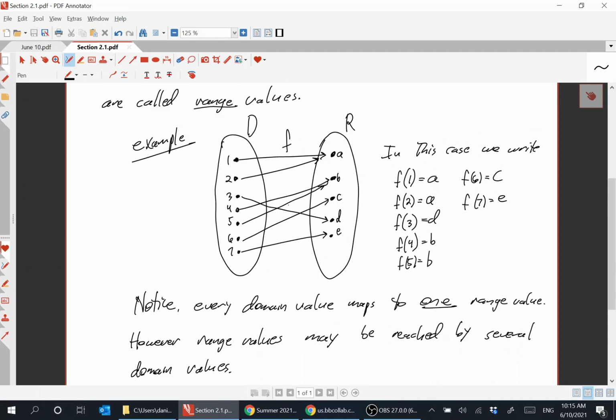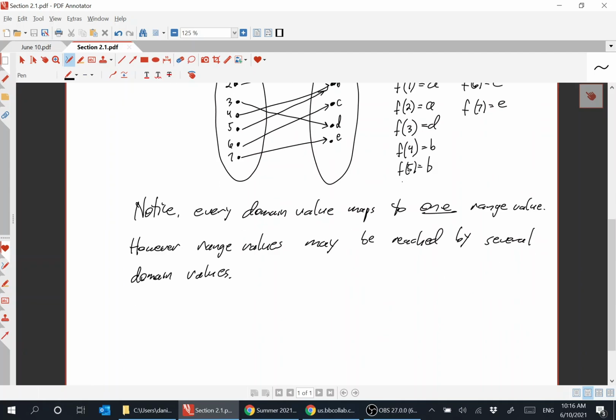Now, most of the time we define functions, again, we don't use this kind of bubbles and arrows diagram. This sort of presentation of a function is more useful in other contexts that you don't really talk about in the standard mathematics track.